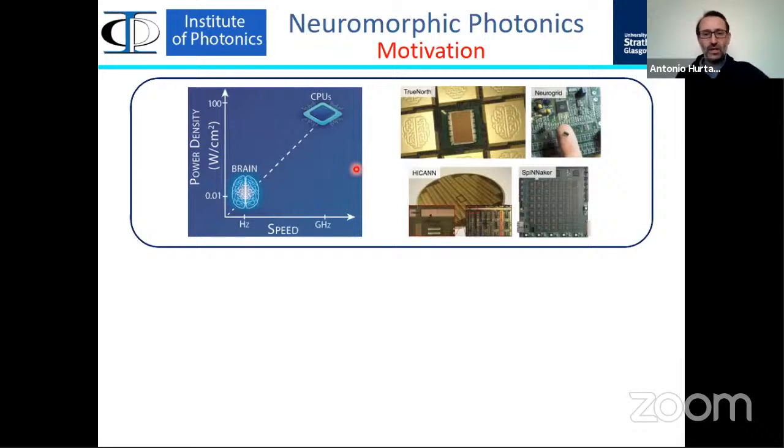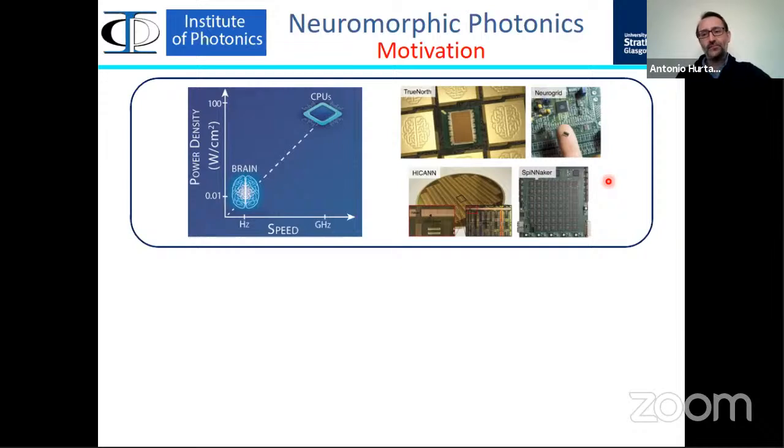Neuromorphic computing systems have been implemented in electronic technologies. There are different systems. I just brought a few examples here: TrueNorth by IBM, Neurogrid, HiCANN at Heidelberg University, SpiNNaker at Manchester University, and Loihi more recently by Intel. These are amazing systems implemented in electronic technologies that are able to emulate thousands, if not tens of thousands or millions of neurons interconnected together.